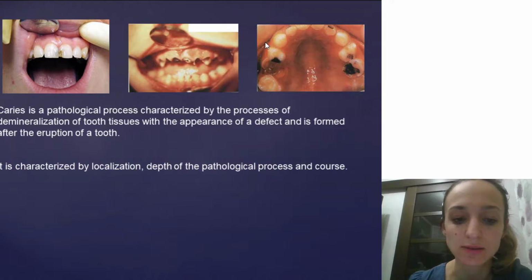The World Health Organization recommends to assess the caries prevalence in 12-year-old children as follows: from 0 to 30% low, 31 to 80% medium, and 81 to 100% high.